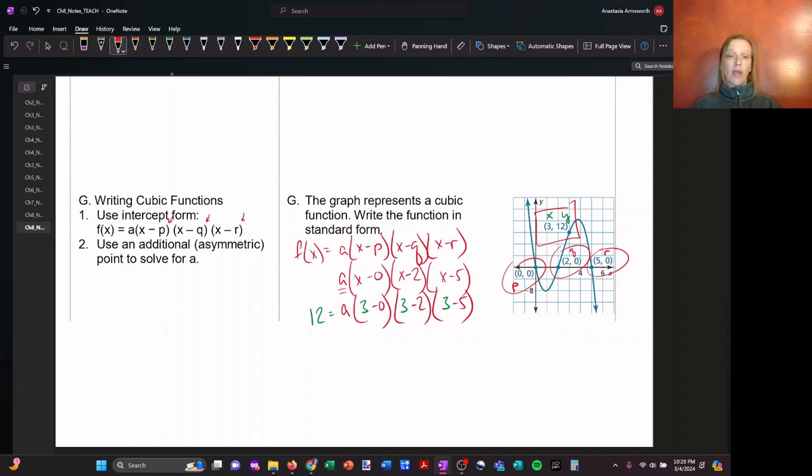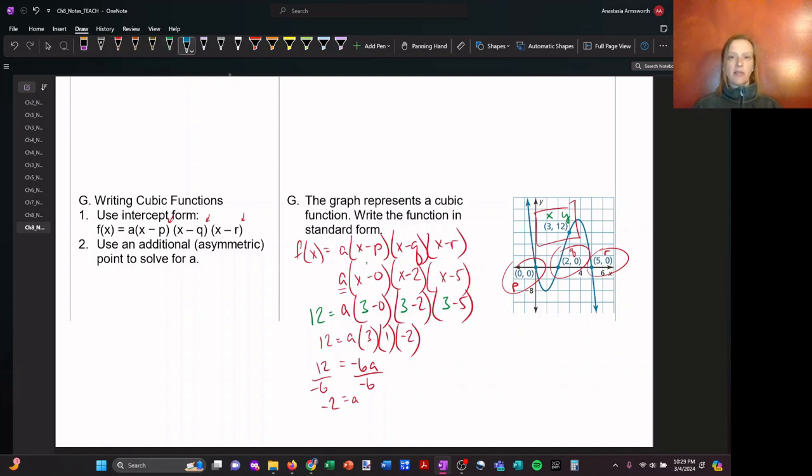To solve for a, I need to simplify each part of the problem. So I've got 12 equals a times 3 minus 0, which is just 3. 3 minus 2 is just 1. 3 minus 5 is negative 2. So if I multiply together all the numbers I have on the right-hand side here, I've got negative 6 times a equals 12. So I divide both sides by negative 6, and I get that a equals negative 2.